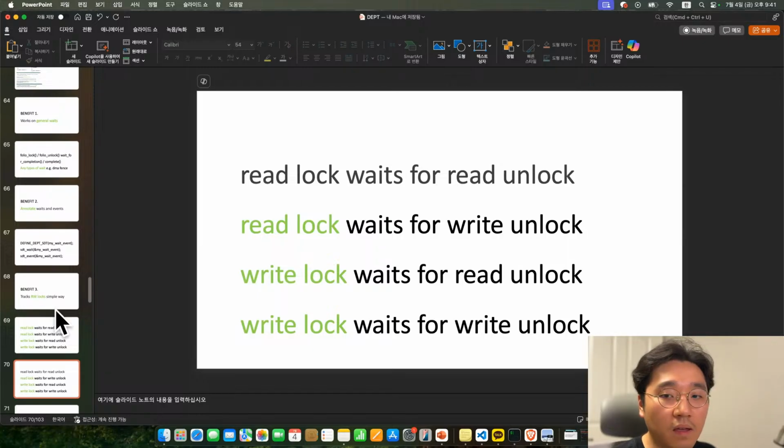If there is a workload that only reads in the critical section, it can get an advantage from this. This is the great point of the RW lock, right?